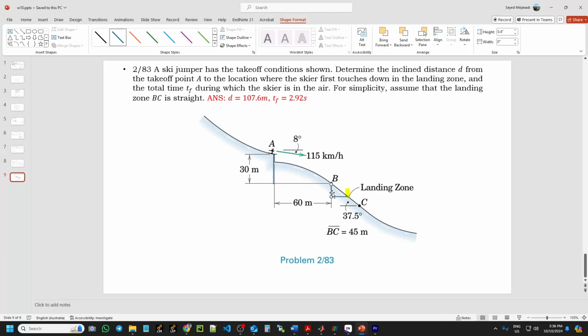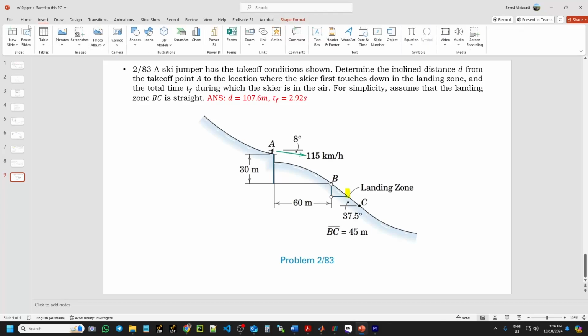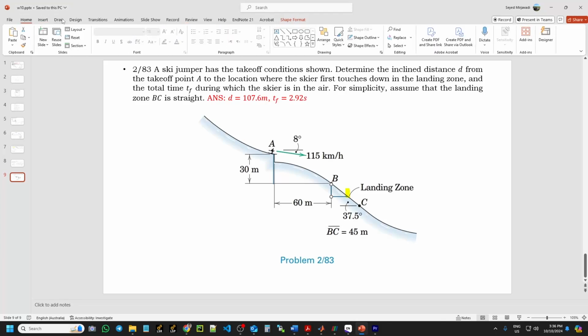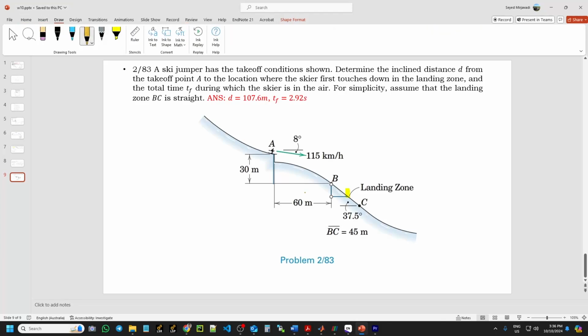This length will be equal to S. Remember, I assume that from B to this point, the landing point, is S. Let me show you again. So if this person goes like this, from B to this point, I called it S.